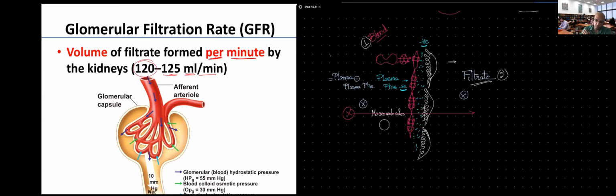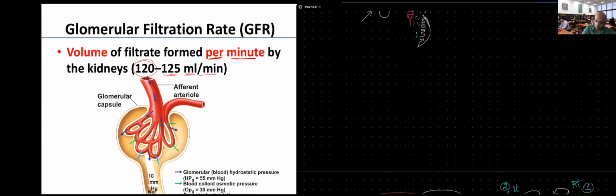One. Why does the blood have more solutes? Because you didn't allow the blood cells to travel. You didn't allow plasma proteins to get filtered. Macromolecules didn't get filtered. So you have a lot of stuff that doesn't get filtered, it remains in the blood. So the side that is going to have a higher solute concentration is my blood.